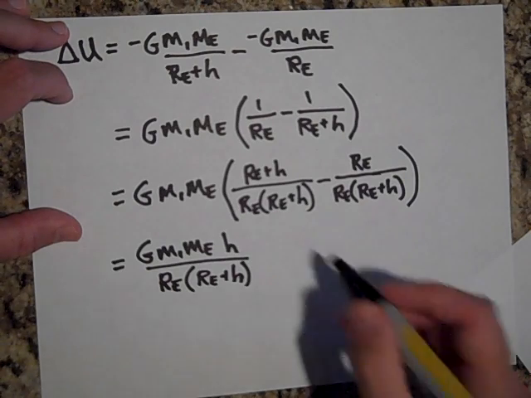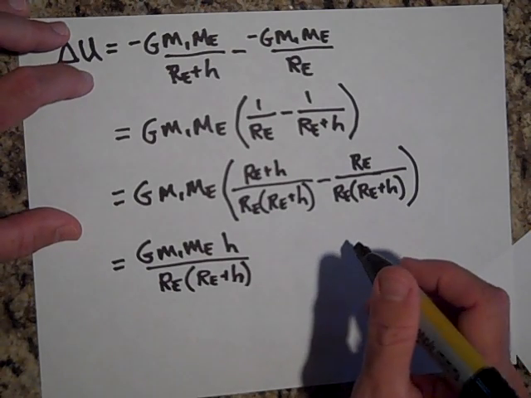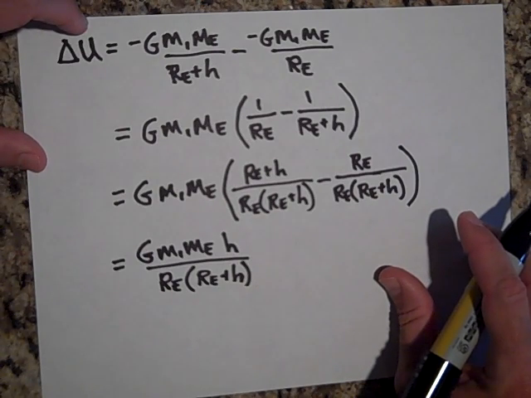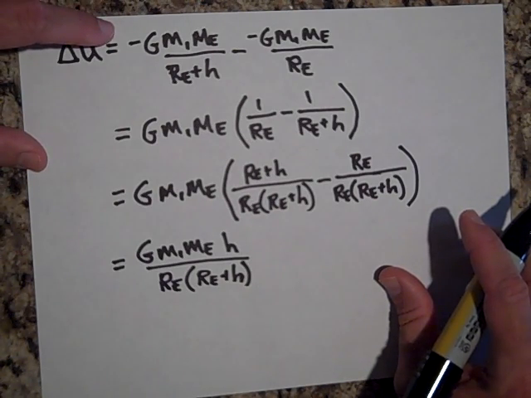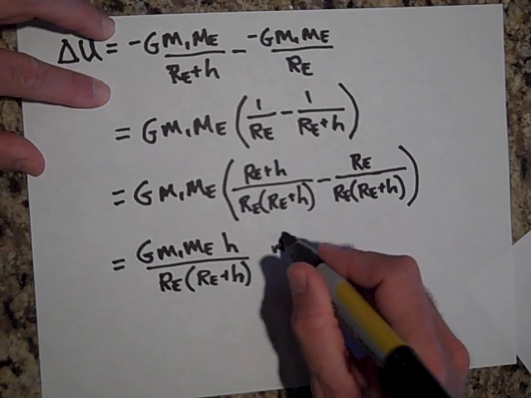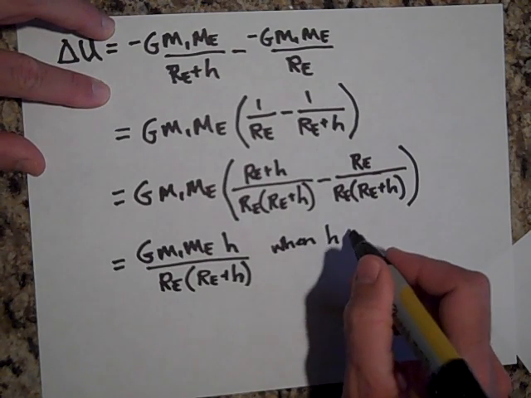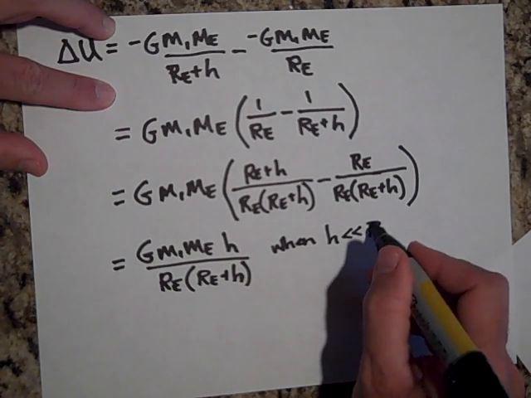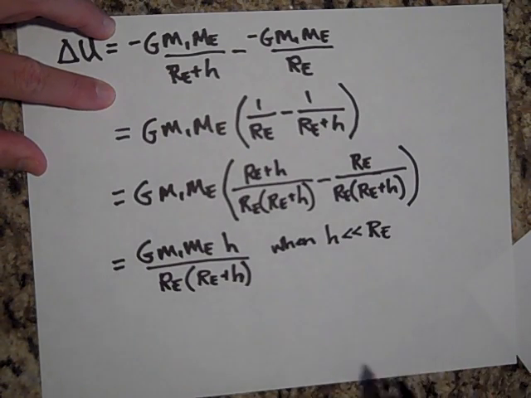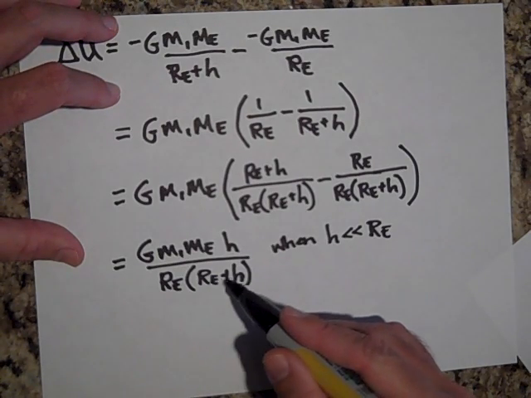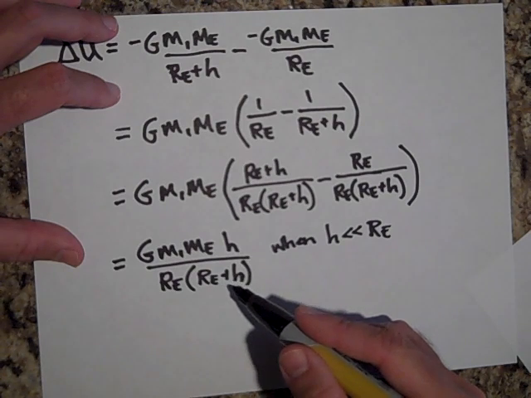Now, if h is much, much smaller than the radius of the Earth, and in the problems that you did last year, you were lifting things 1 meter, 2 meters, 3 meters, and the radius of the Earth is like 6 million meters. So when h is much, much less than Re, then when you add h to Re, you basically just get Re again.